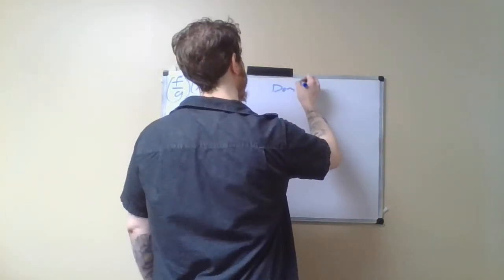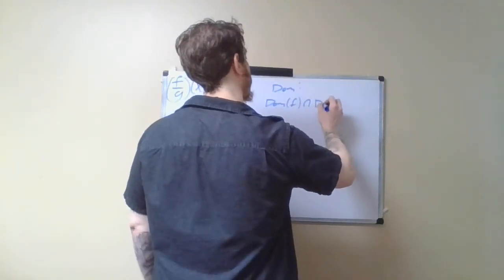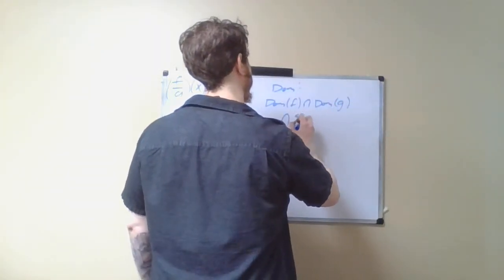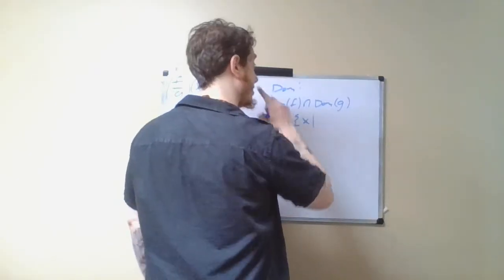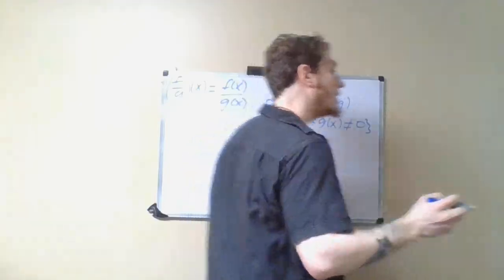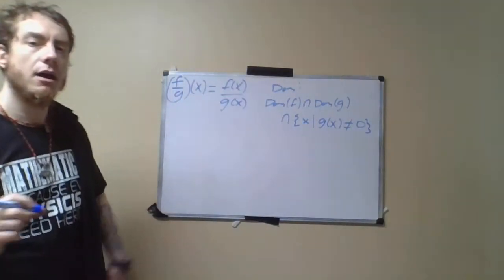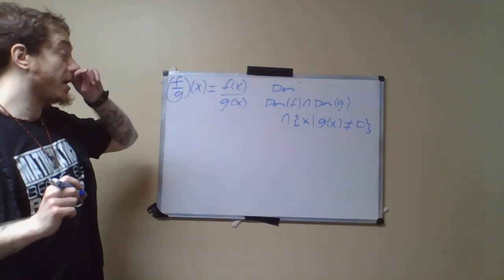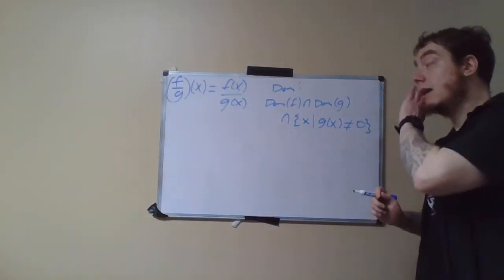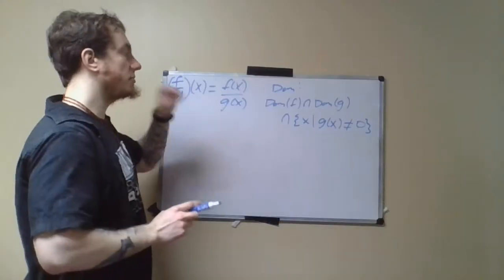And the domain is going to be the domain of f intersected with the domain of g, intersected with the set of all x such that g of x is not equal to 0. The problem is we cannot allow a situation where the denominator is 0, because that would make this undefined. The problem is that sometimes when we work out the simplified expression, some stuff might cancel.